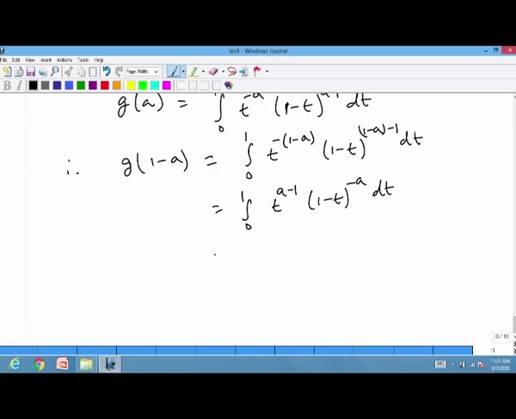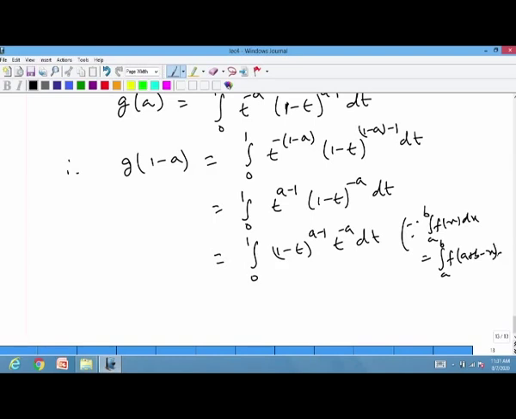Now, this is same as the integral of (1 minus t) to the power a minus 1 and t to the power minus a dt from 0 to 1. This is because the integral of a to b f(x) dx is same as the integral of a to b f(a plus b minus x) dx.